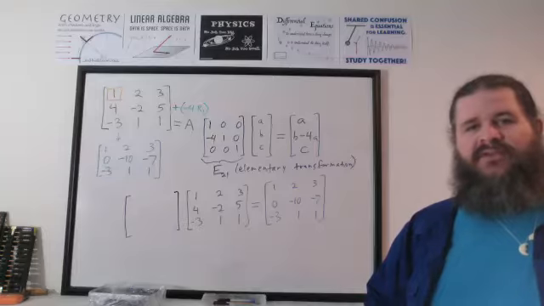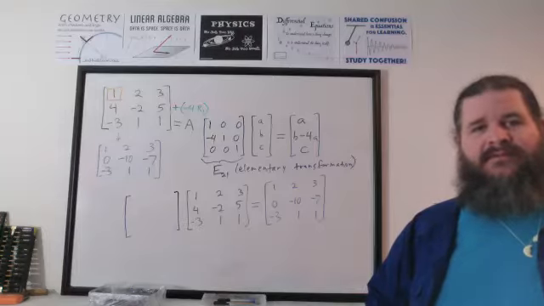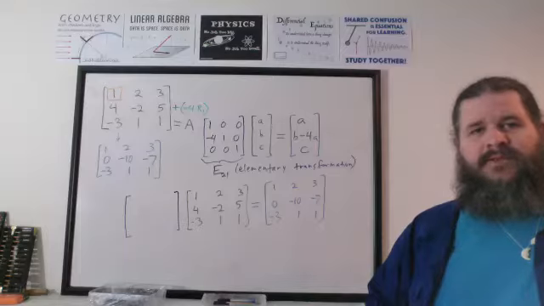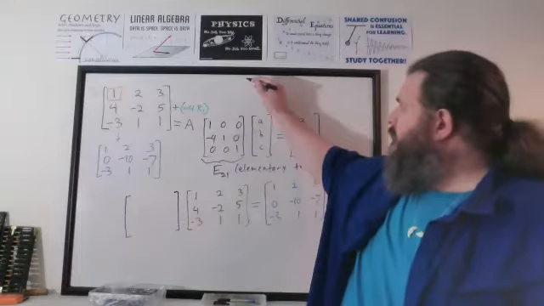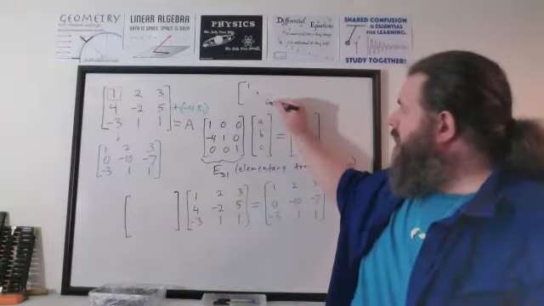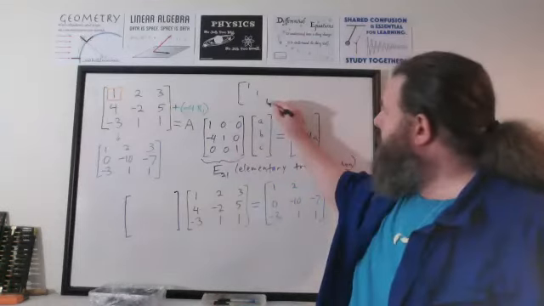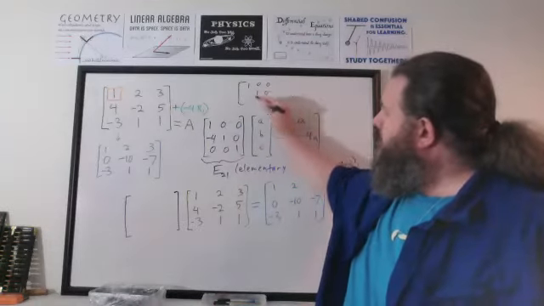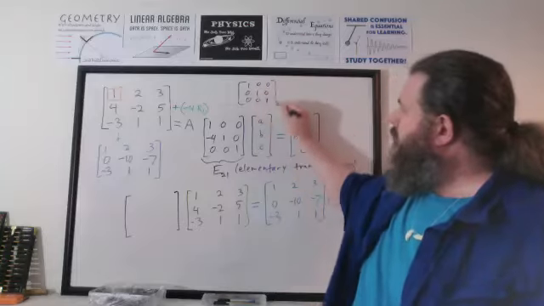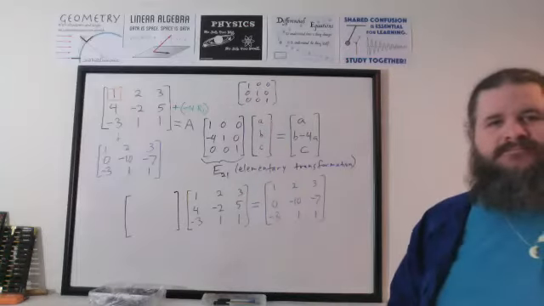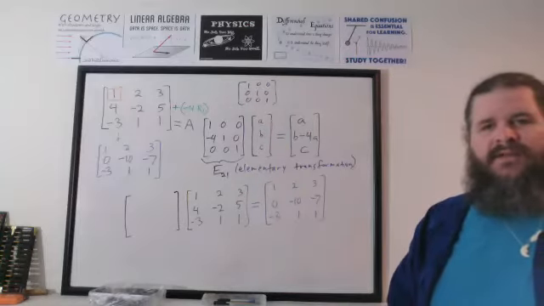If that -4 wasn't there, what would we now have? Diagonal. Yeah, it would be a diagonal. Specifically, 1's on the main diagonal and 0's everywhere else. Have you seen that matrix before? Yes. What do we call that?